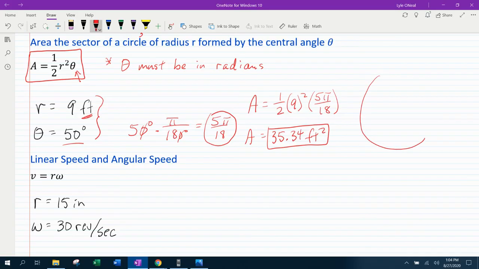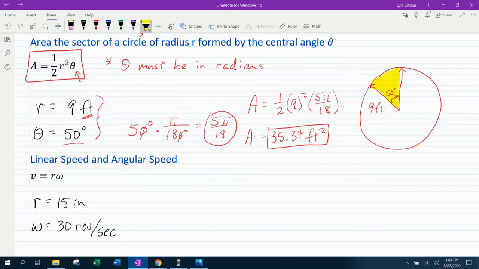Now again, if I was to draw a picture of what this represents, let's say we have a circle of radius 9 and an angle of 50 degrees. What we just calculated is the area of this sector, okay?